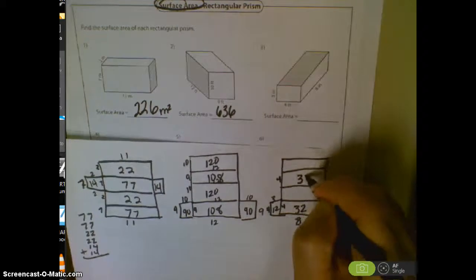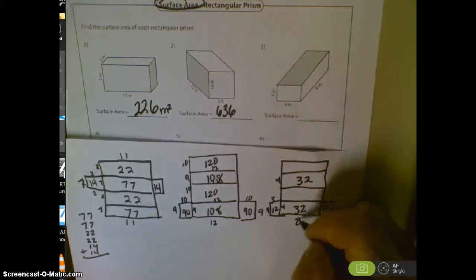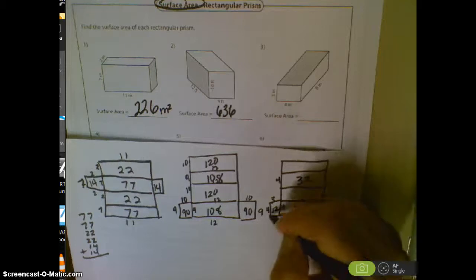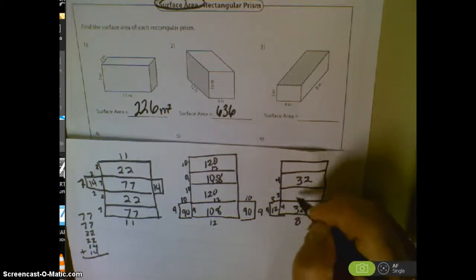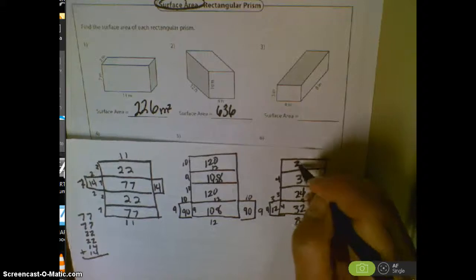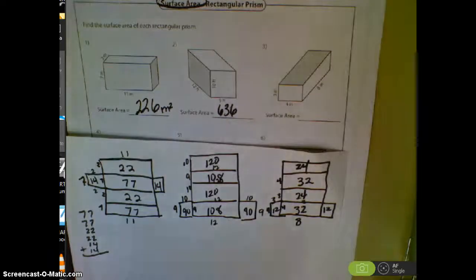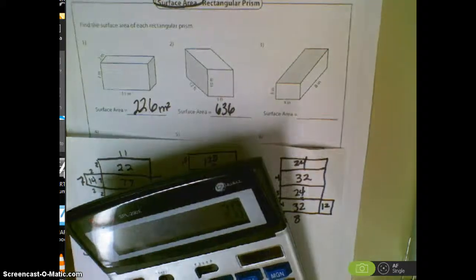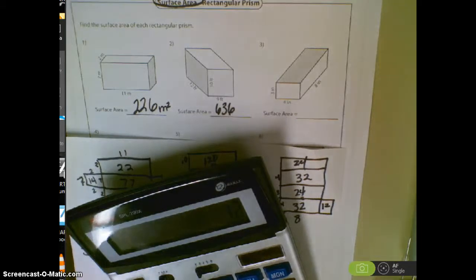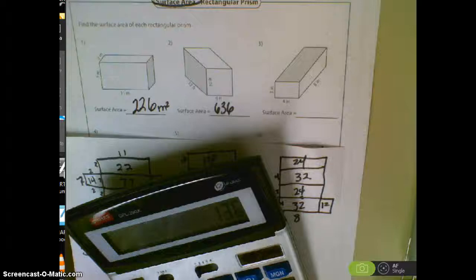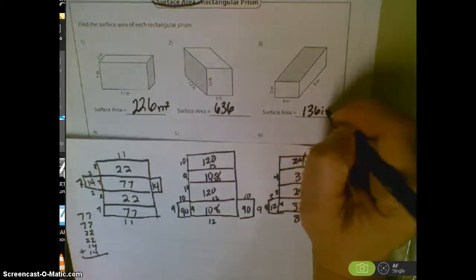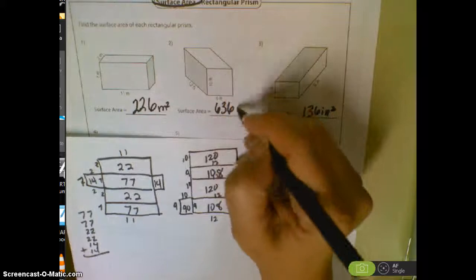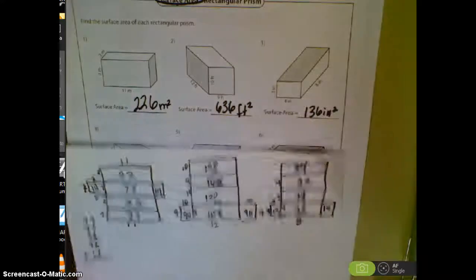This will be 32, and then this side right here is 8 again, but this time it was 3. 8 times 3 is 24, and that 24, add them up. 24 plus 24 plus 32 plus 32 plus 12 plus 12 is going to equal 136 inches squared. Our unit was inches, and we squared it. I forgot it over here. We'll write inches squared on that one.